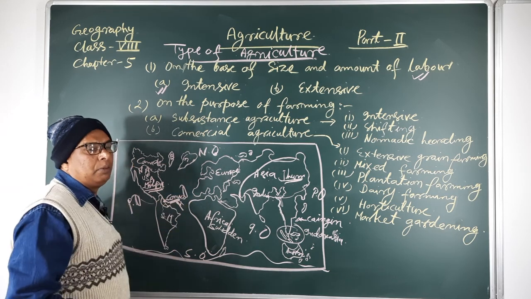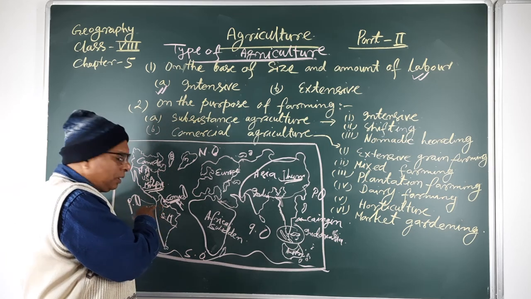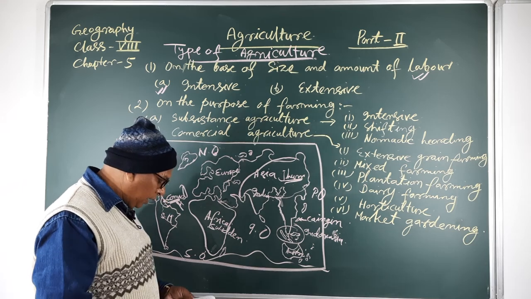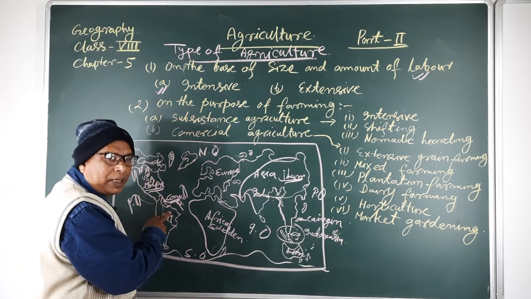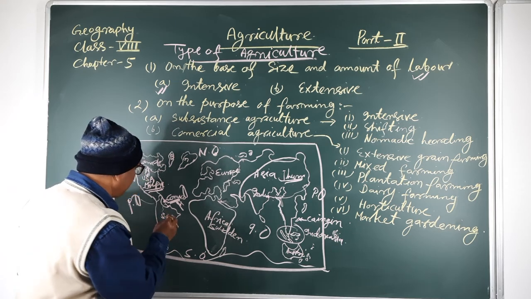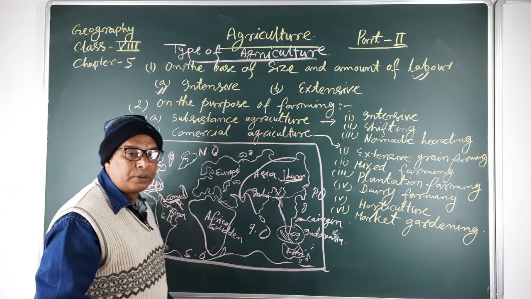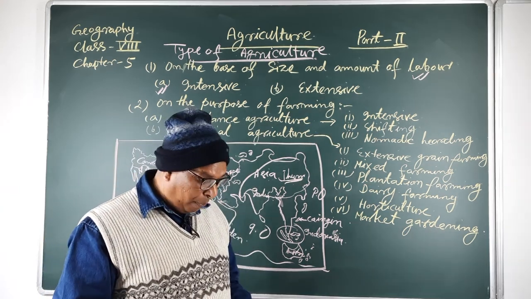These names of Jhum agriculture are practiced in these areas by tribal societies. And in Brazil, part of South America, it is known as Roca, R-O-C-A. Next, Central Africa.